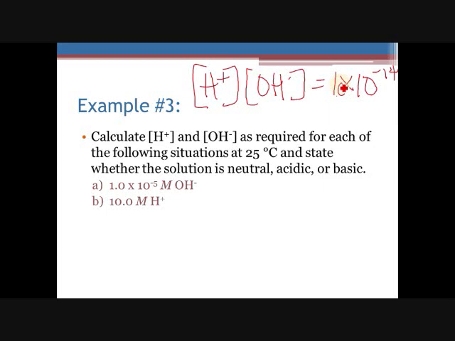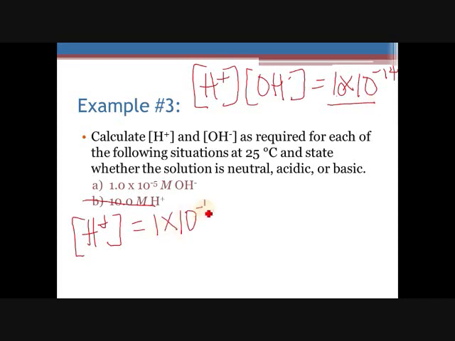So for A, let's just not even think about B right now, okay? Let's just think about A. This is telling us that OH is equal to 1 times 10 to the negative 5th, so I have to solve for the H plus. I'm going to take the Kw divided by the OH minus, because the Kw always needs to go in the numerator.